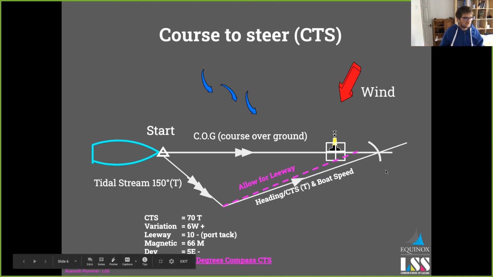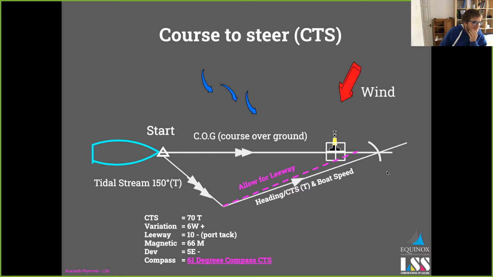So where did you get the heading direction, the 70 degrees true? I've measured this bearing using my plotter. Yeah, but why 70? If you wanted to go to the lighthouse, wouldn't you adjust that angle? No, because this angle is going to take me to the cardinal mark here.